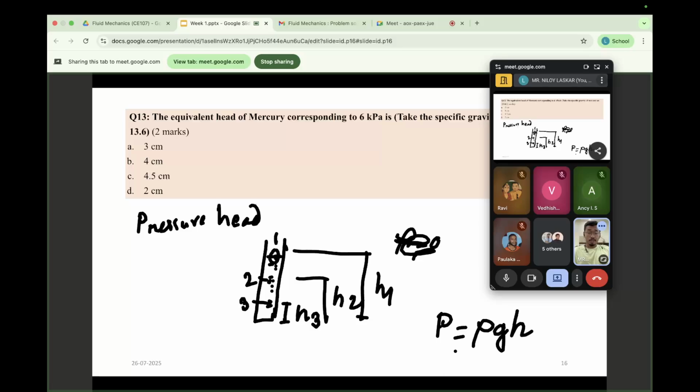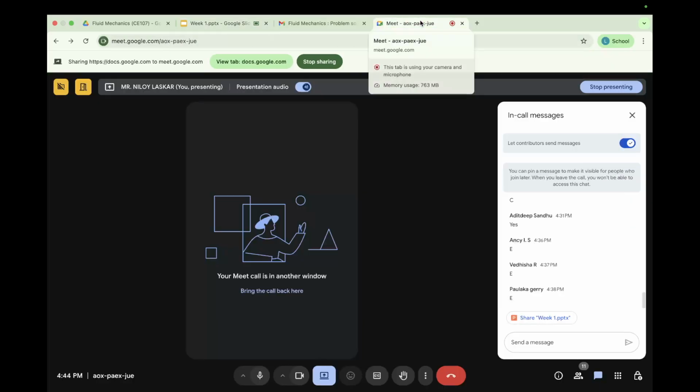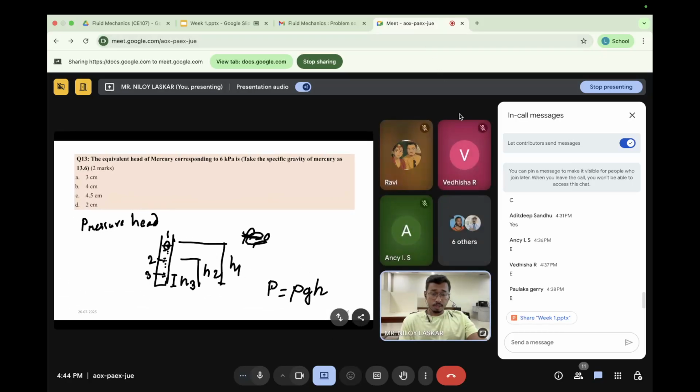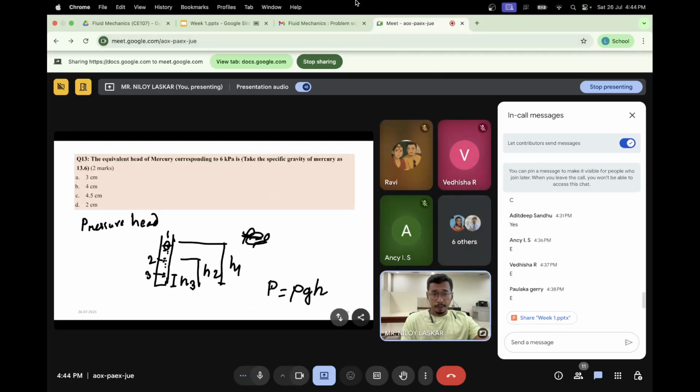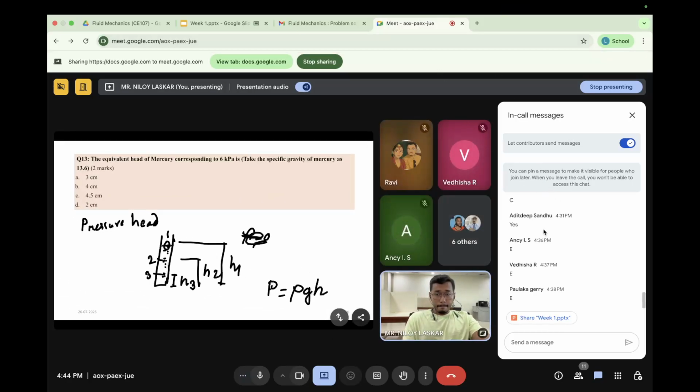That is the concept here. So now I hope you will be able to answer this. Please try. Also the specific gravity is given. I am giving you another hint.